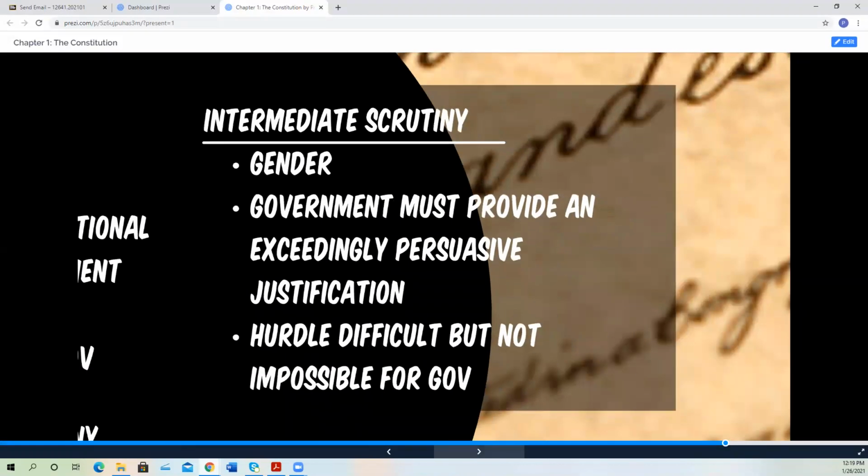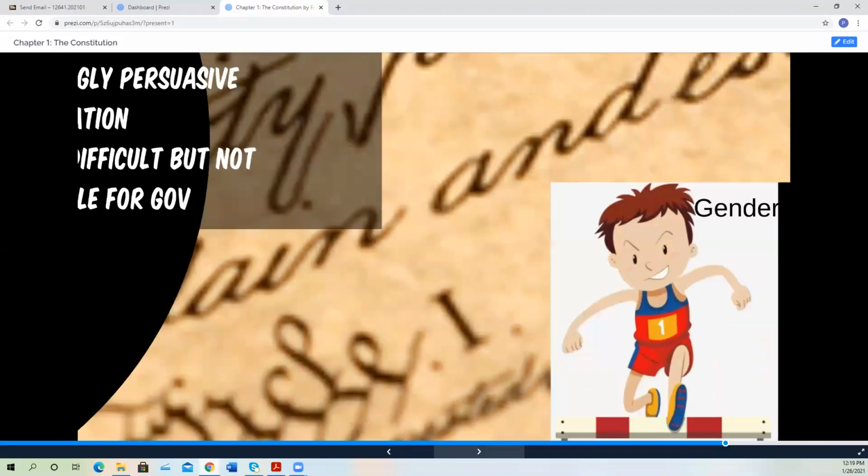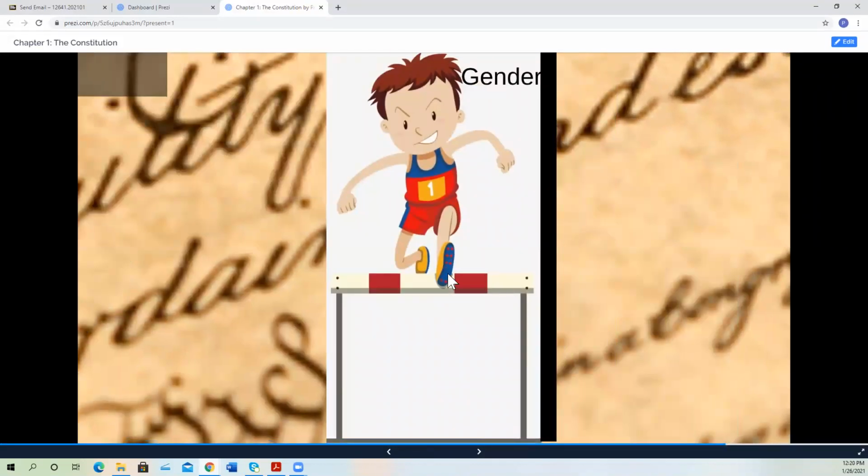If they treat a group of people differently because of gender, then they must provide an exceedingly persuasive justification. It's a difficult hurdle, but not impossible for the government. This hurdle is a little higher than the age.